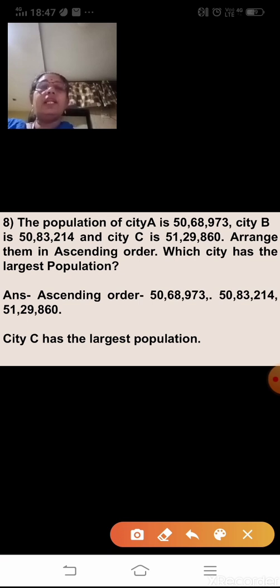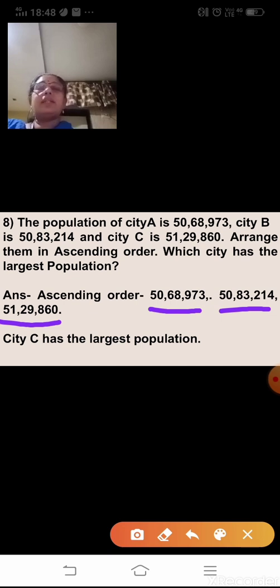When you have 50 lakh 68,000 and 50 lakh 83,000, which is the smaller one? 50 lakh 68,000. So while writing the ascending order, you will write 50 lakh 68,000 first, and then comes 50 lakh 83,214, and the bigger number, the largest number, that is 51 lakh 29,860. So you have written these numbers in ascending order.